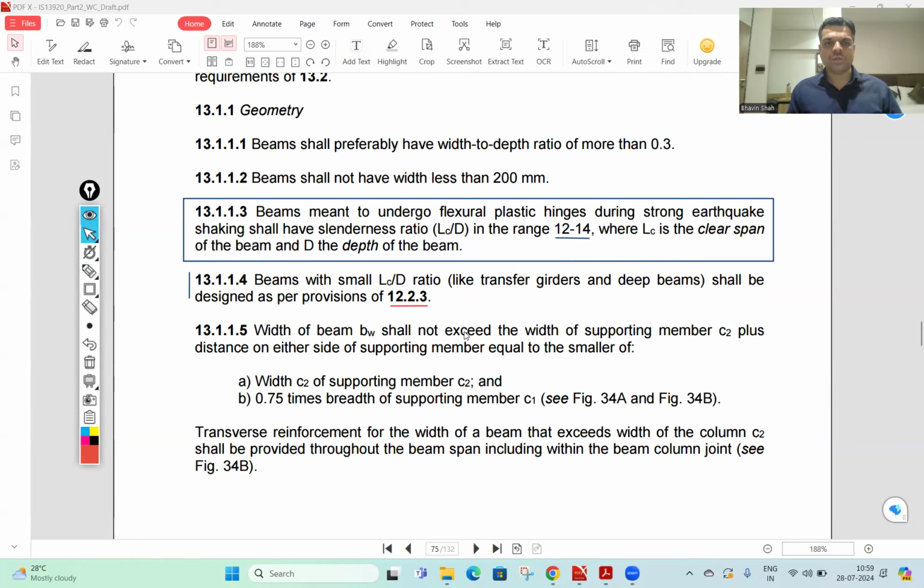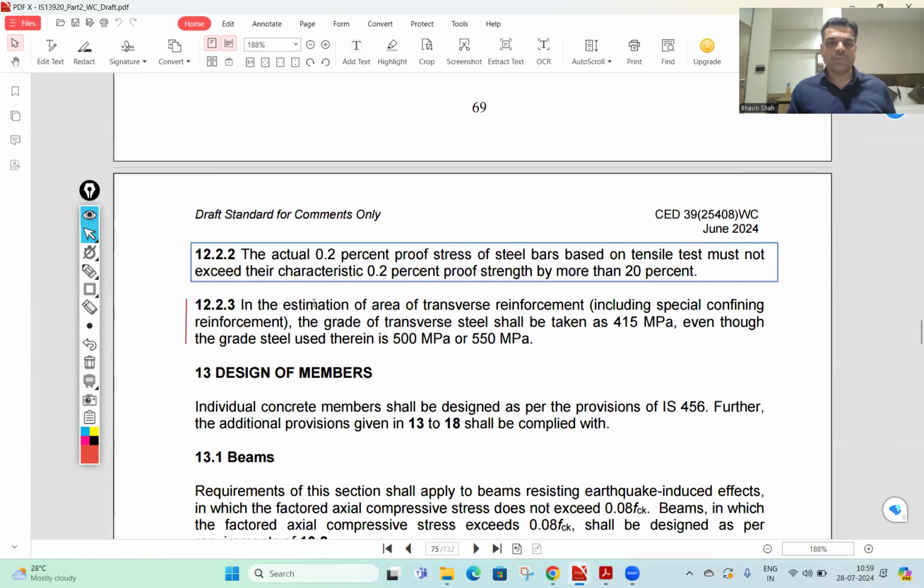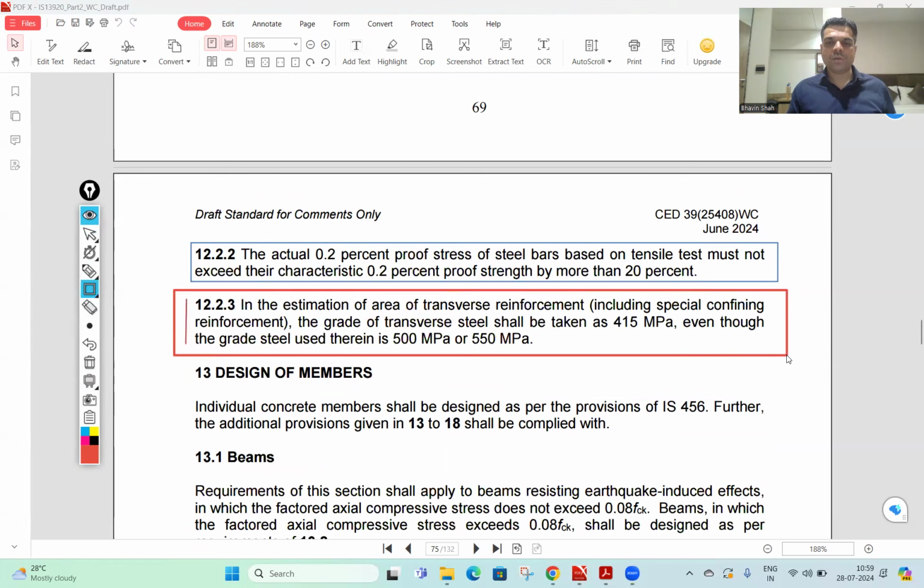Now, what is this provision? 12.2.3: in the estimation of area of transverse reinforcement, the grade of transverse steel shall be taken as 415 MPa, even though the grade of steel used is 500 MPa or 550 MPa.